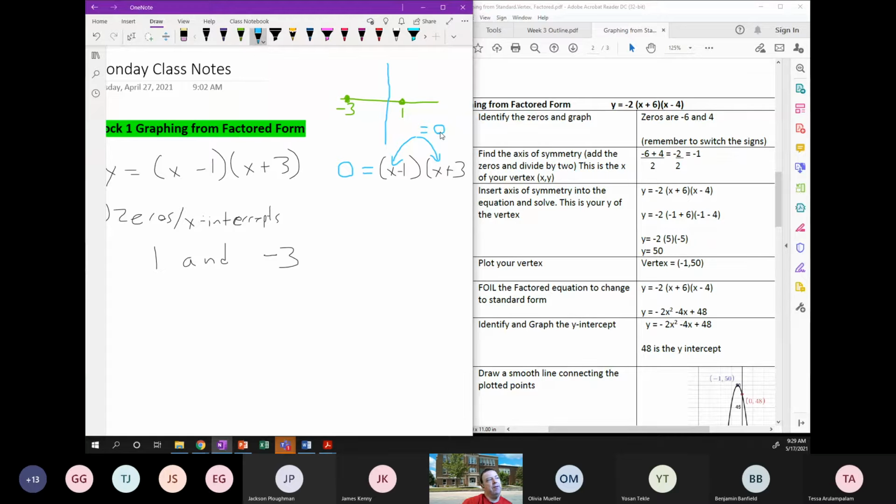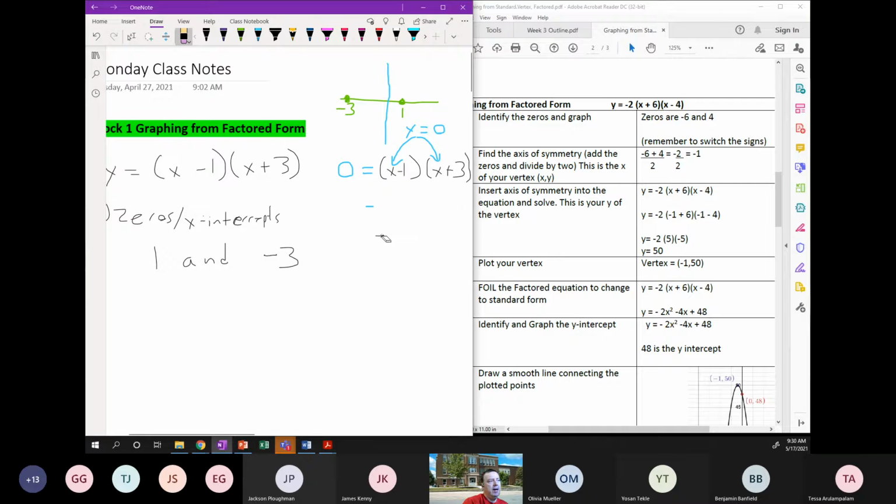So that's my goal, is to find where those equations have a y equal to 0. And in order to make y equal to 0, I need to make one of these two factors equal to 0. Because if I make this factor equal to 0, when it multiplies with the other factor, I'm going to get 0. Okay? So that's what I'm asking: what can I do to make this factor equal to 0? Or what can I do to make this one equal to 0?